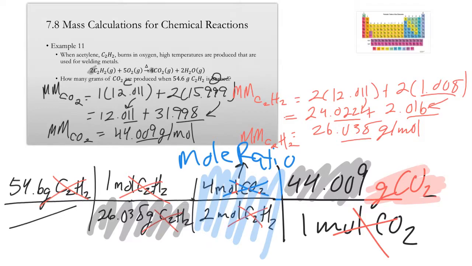All right, so first of all, doing this step right here, that is going to give us the moles of acetylene based upon the mass of acetylene. By using the mole ratio, we convert the moles of acetylene that are used to how many moles of CO2 should be produced, assuming everything went perfectly. And then once we use that, in the last step, by multiplying by the molar mass of CO2, we get the mass of CO2 that should be produced.